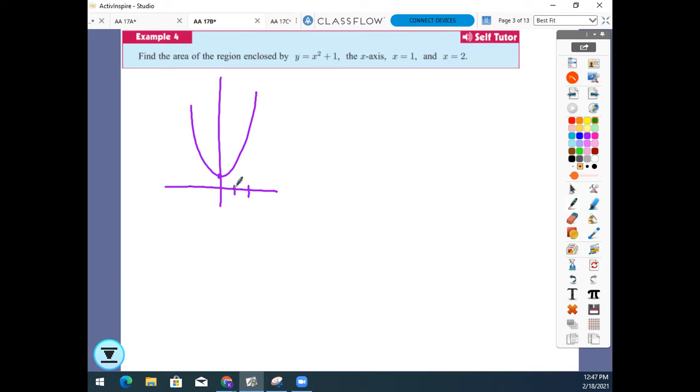So I'm going to take this curve and connect. 1 is the beginning, 2 is the end. That's my area. All right, so we're going to set up our integral. We're going to integrate from 1 to 2 of x squared plus 1 dx.